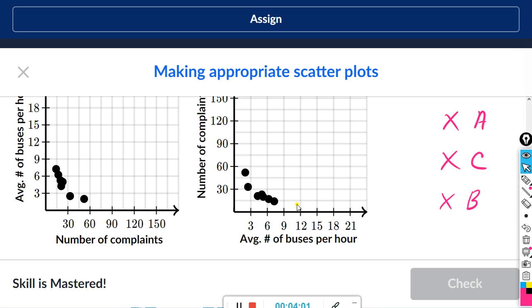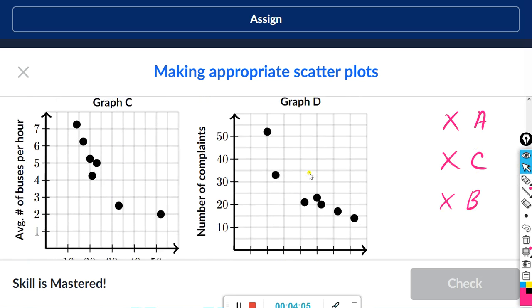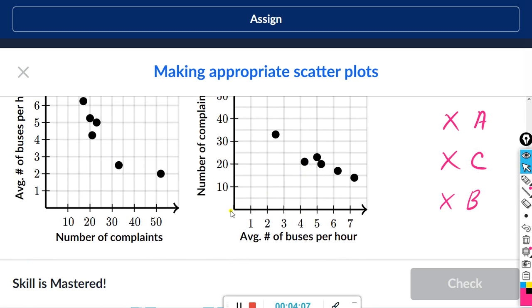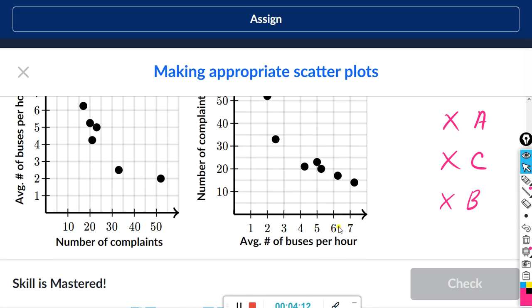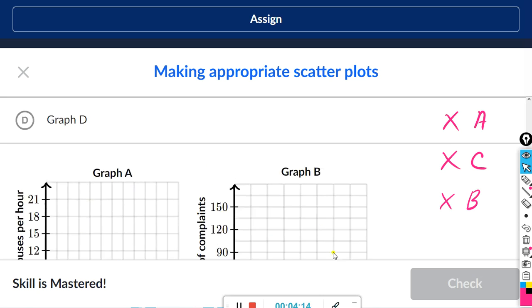As a final check, I'm saying it's D by process of elimination. See graph D. It starts at 0 and goes up a little bit past 7, and that's what we want for average number of buses.